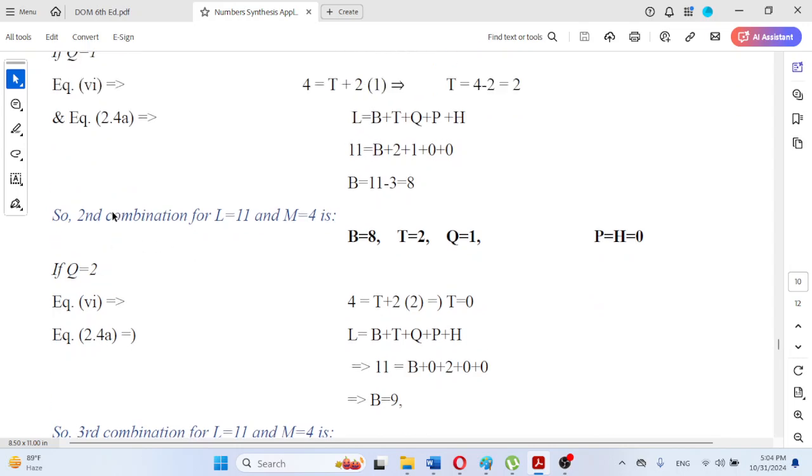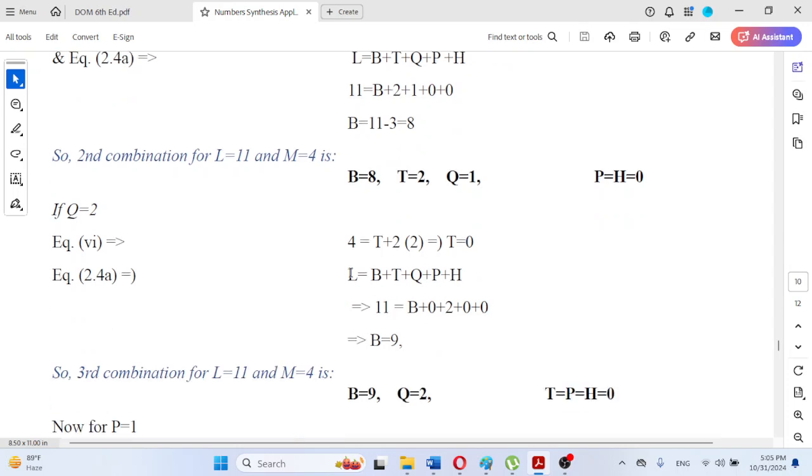Again the third value that was listed, that was Q is equal to 2. So if Q is equal to 2, we can observe here that T will be equal to 0, because 4 is equal to T plus 4. So 4 minus 4 will be equal to 0.